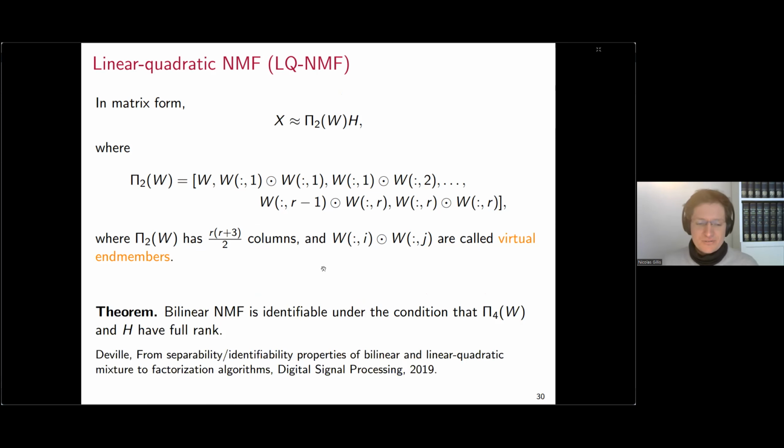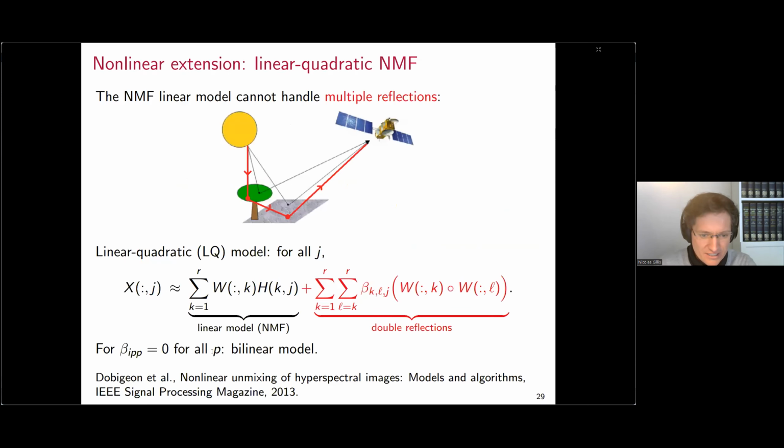There was a quite nice result by Deville, who showed that essentially this model is always identifiable, as opposed to NMF, where you need quite strong conditions to have uniqueness. But for bilinear NMF, the bilinear case is that you do not allow products of columns of W by themselves, which is this condition here. So you assume that the light will not reflect from a tree to the same tree, or from the grass twice on the grass, which is reasonable.